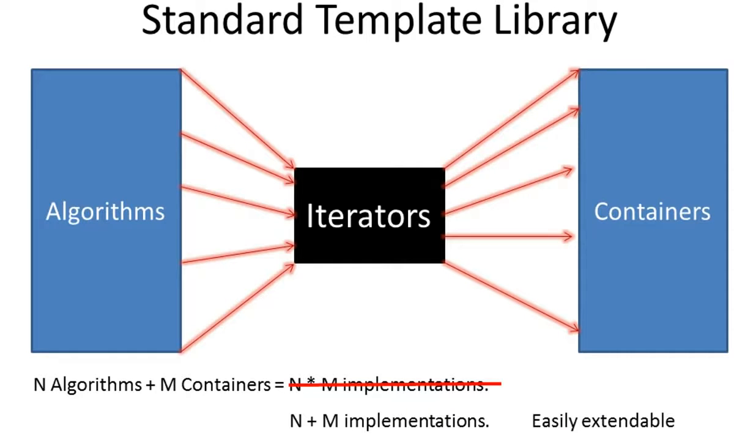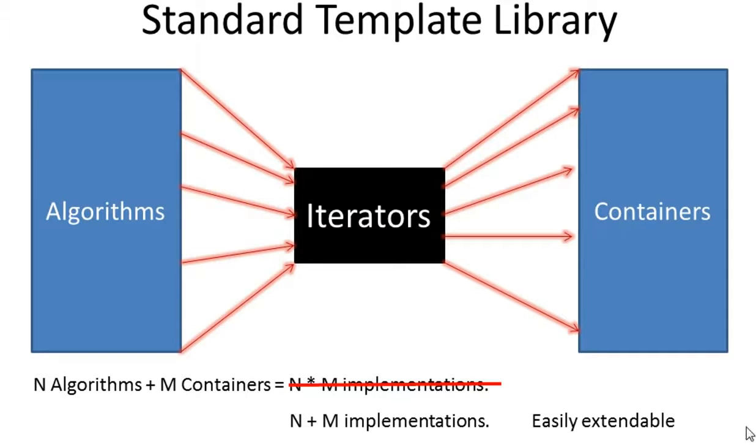If I define a new algorithm that operates on iterators, then all the existing containers can use that algorithm. Similarly, if I define a new container that provides the appropriate iterator interface, then all the existing algorithms can be applied to that new container. So as you see, this library is very much reusable.